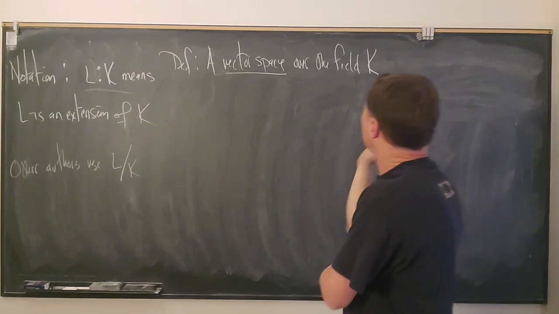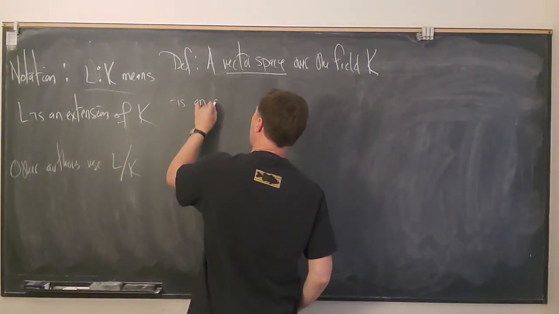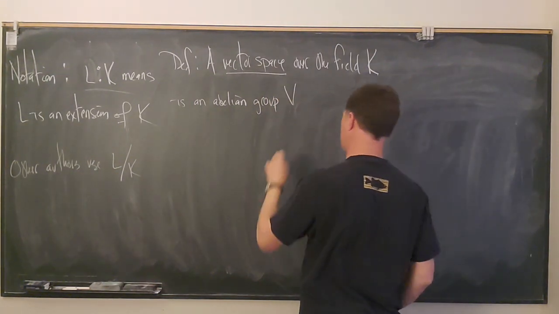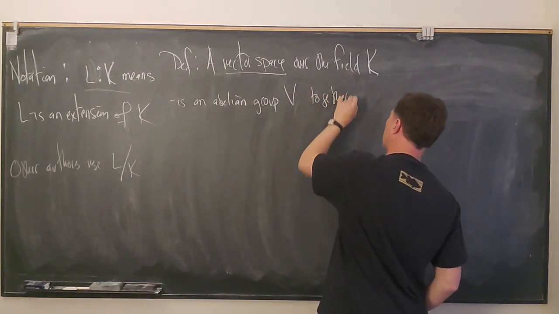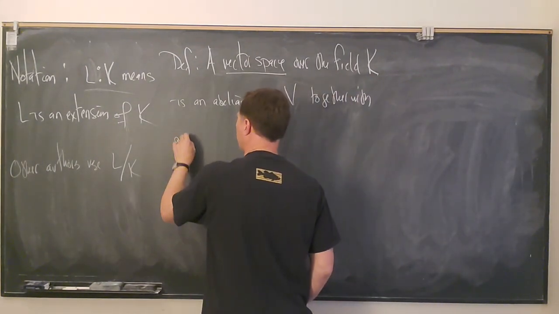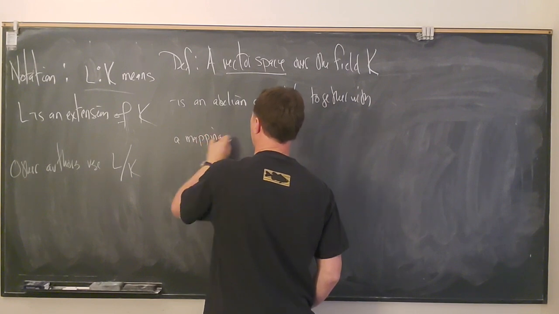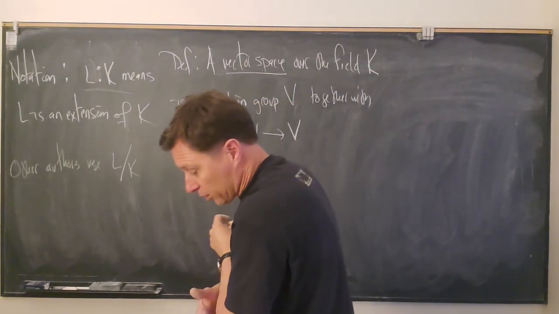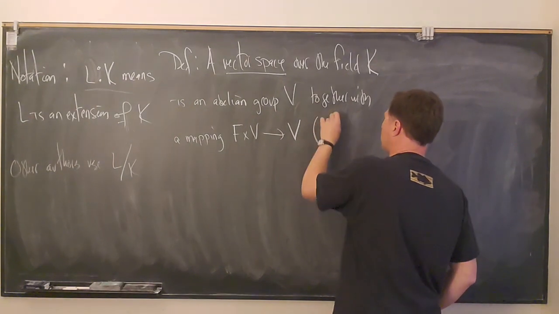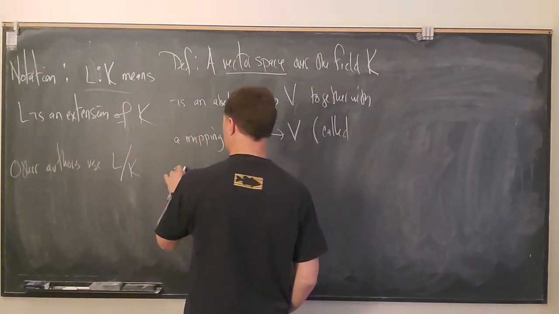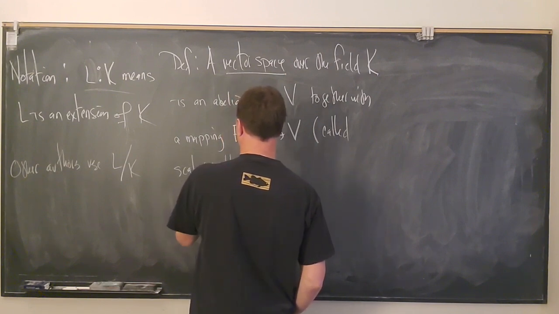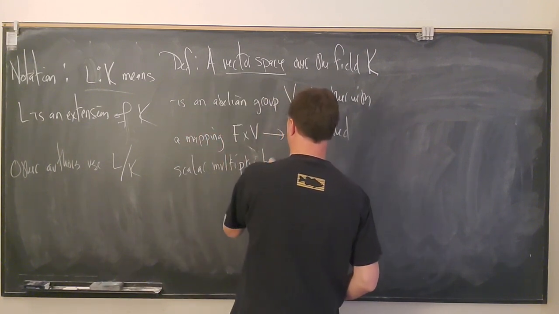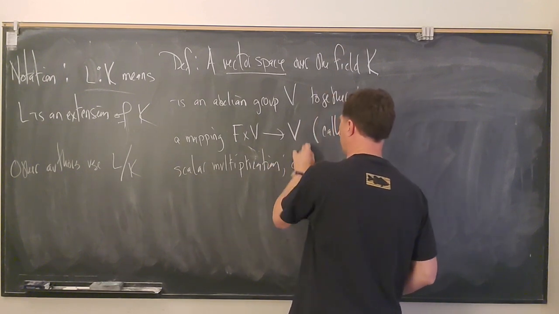So a vector space over the field K is an abelian group V together with a function or a mapping K cross V into V. This mapping is called scalar multiplication, and denoted by juxtaposition.